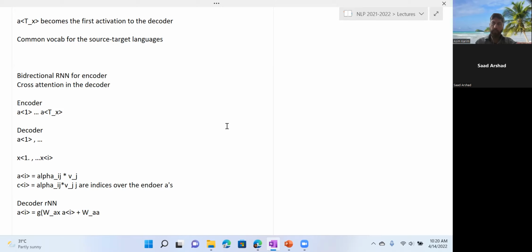Remember, this is teacher forcing, so you do have some x, but it's xi. So A i minus 1, the previous context, plus ba. So this was the standard equation for the standard RNN. But now we add a new step here. So now we have another vector, which is, you can say, using the same kind of notation, Wac into C i minus 1.